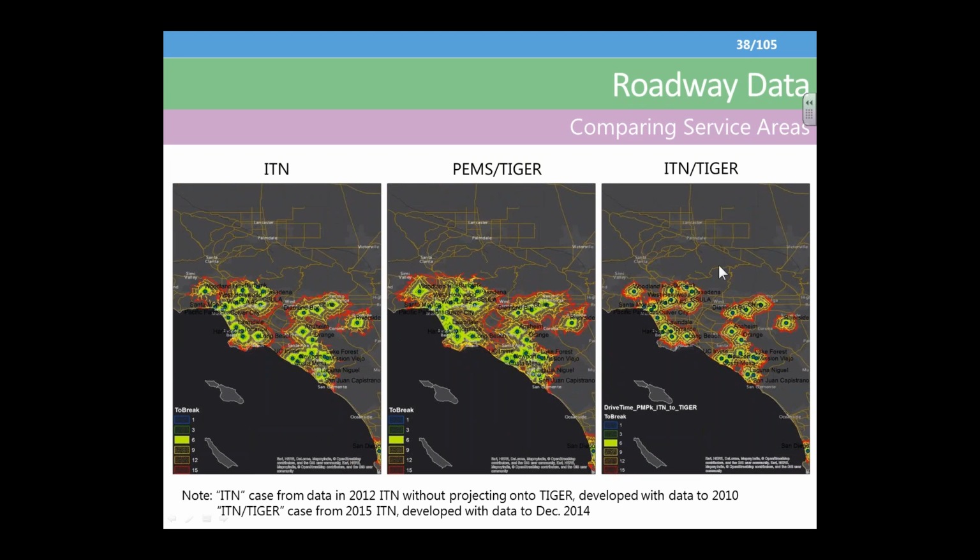You can see when we start looking at the LA and OC stations that one of the major effects here is, because you have smaller service areas, your assessment of how much these are providing a clustered coverage would be much different versus if you had only the PEMS Tiger data. You might see that these stations are starting to provide very high clustering and very high coverage, but with this data set, that's not the case.